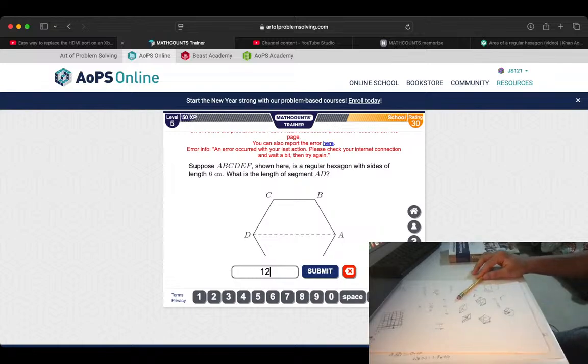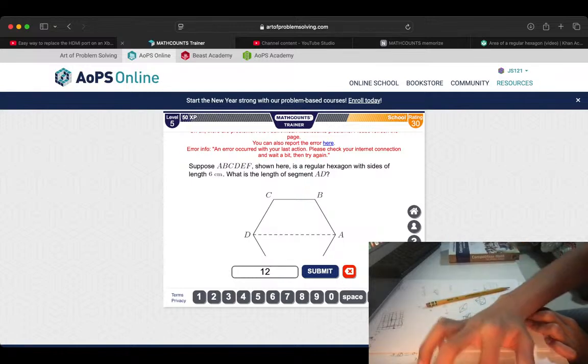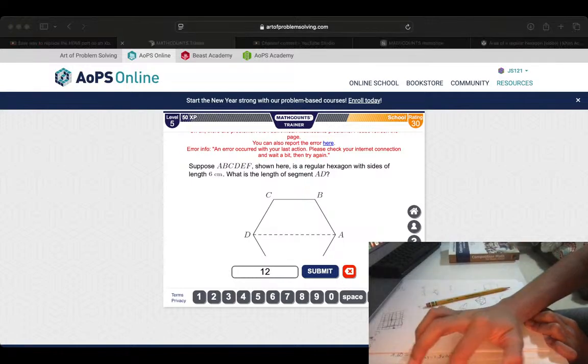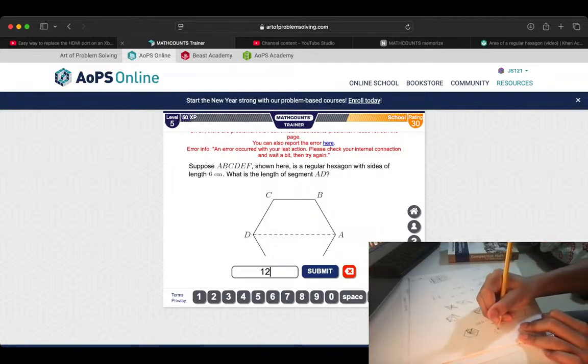So to find the radius, well, first off, to find the height, so we know the area of a triangle is 1/2 BH, right?